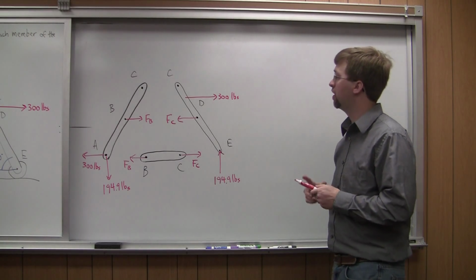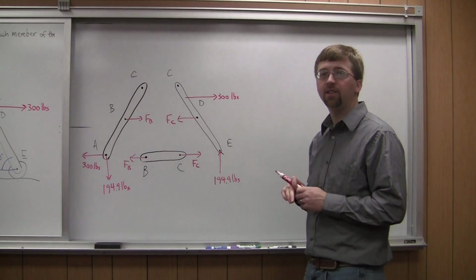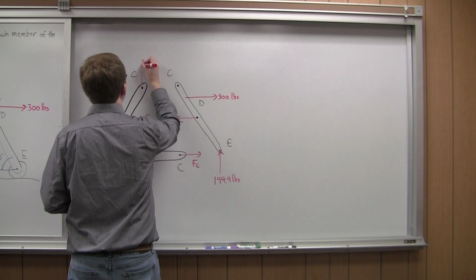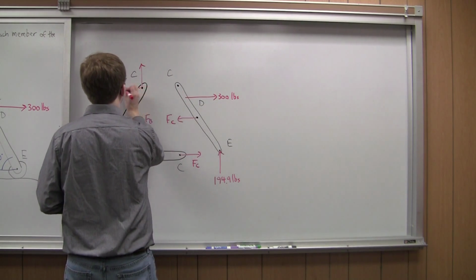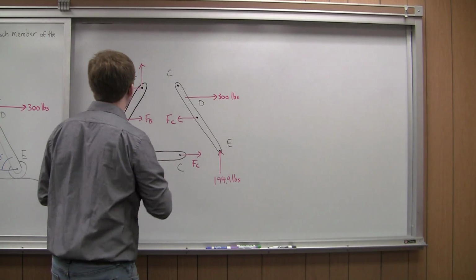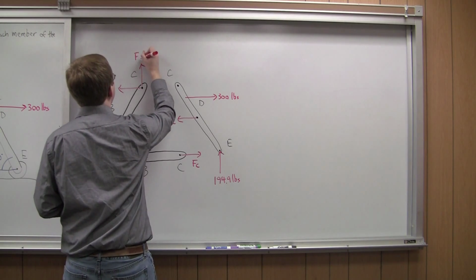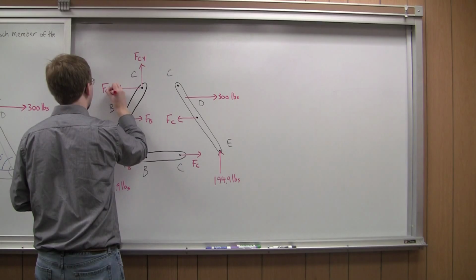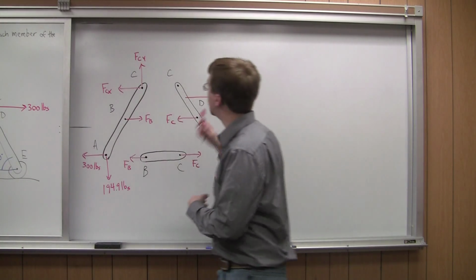Alright, and the last part is I've got some forces up at C. So I'm going to assume I have, let's kind of draw in forces like this. It doesn't really matter what you choose for the first one. I'm going to have FCY and FCX. And over here, this is the important part.